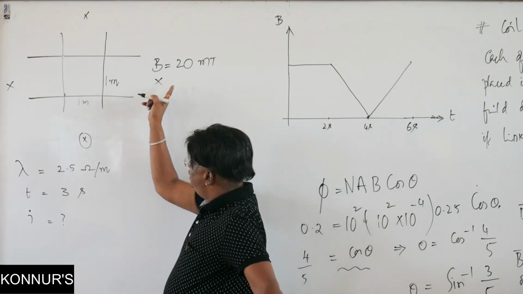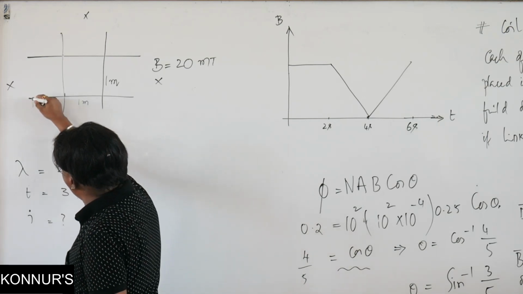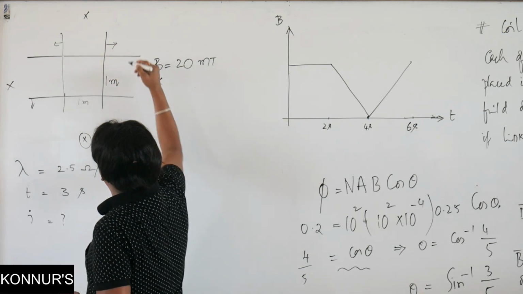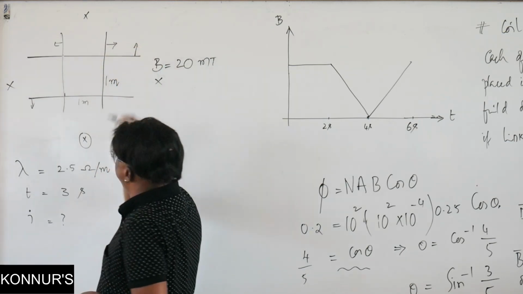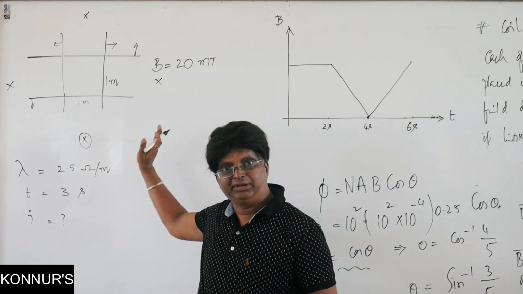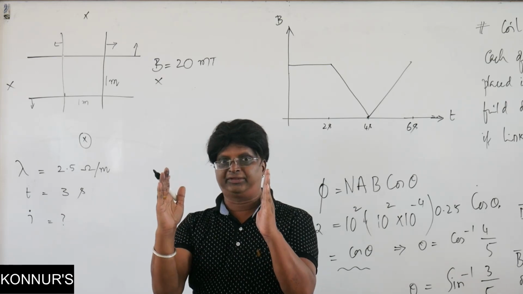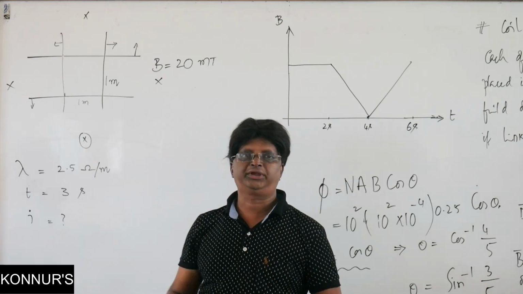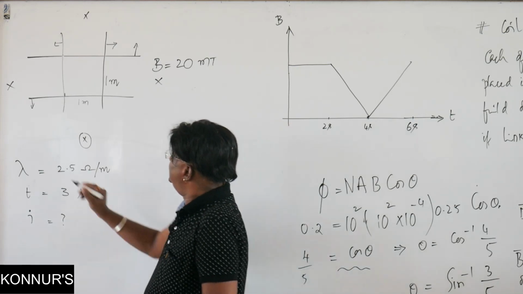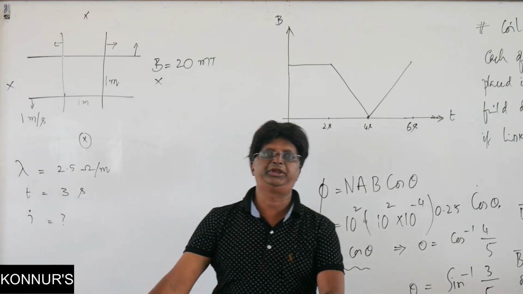Now B is given already. Now the question is that each of the wires is moving away from one another. You can see initially they are forming a square, and now all these opposite sides are moving in opposite directions, all with the same velocity of 1 meter per second.